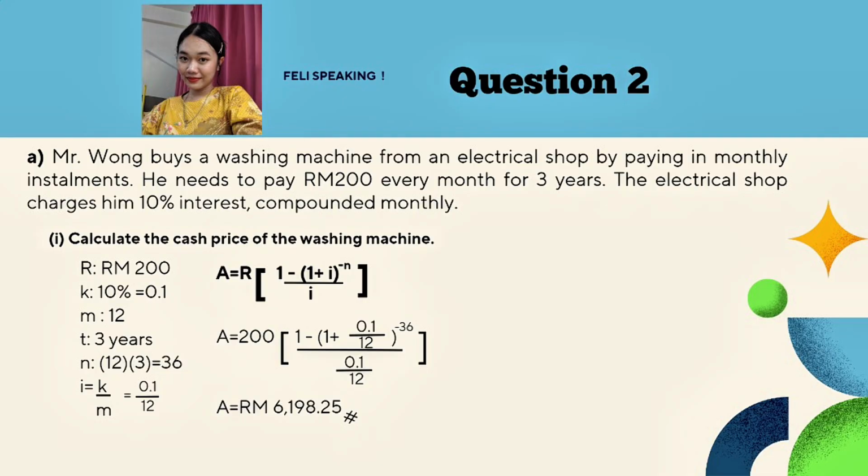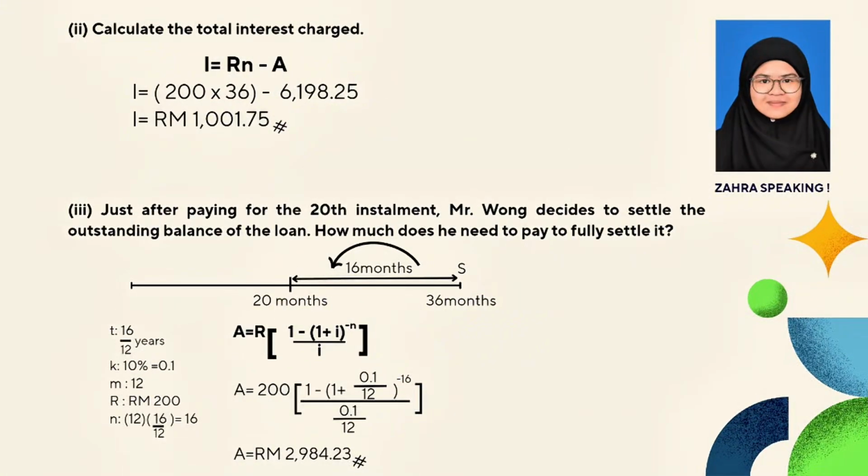And then the N is negative 36, and then divide 0.1 over 12, and then close the bracket. When we calculate it, we got 6,198 ringgit 25 cent.